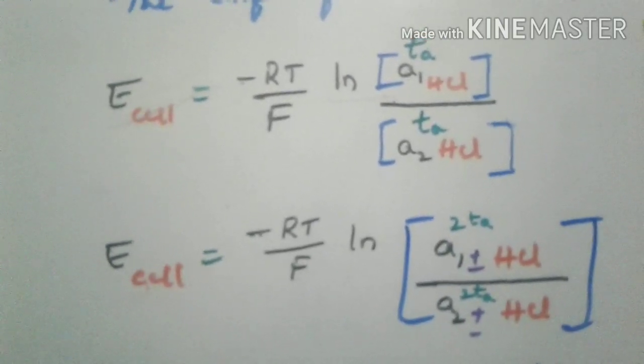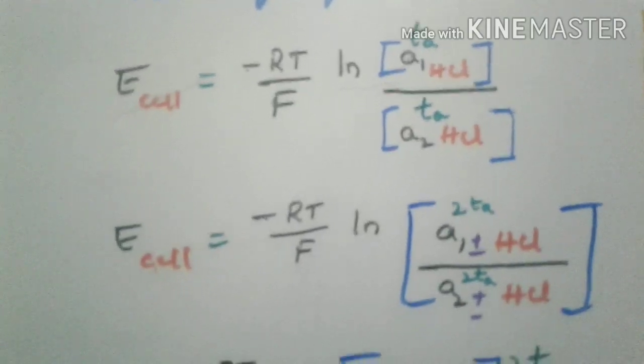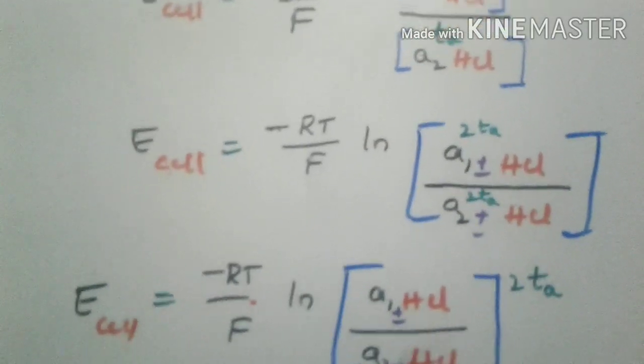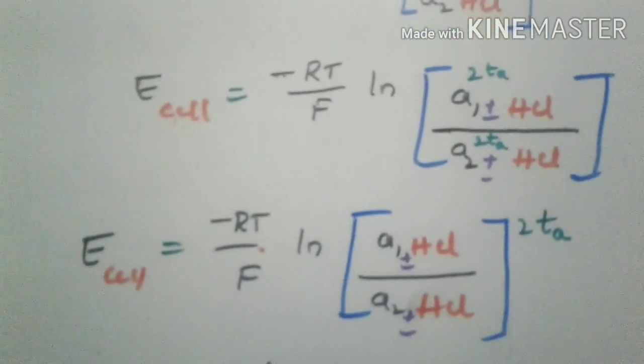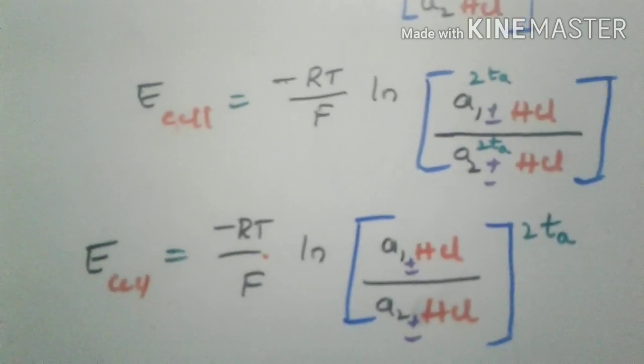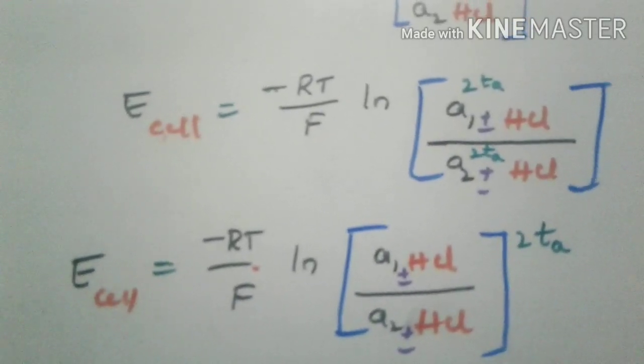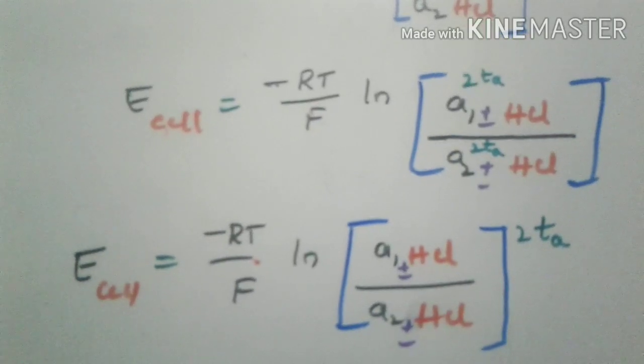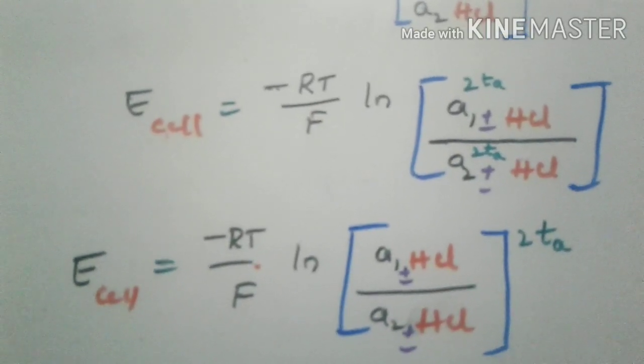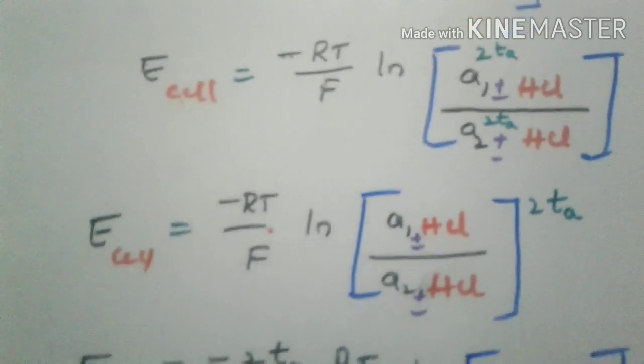As we are writing plus or minus, we have written 2Ta as the power. Then E cell is equal to minus RT by F ln of A plus or minus HCl at A1 by A plus or minus HCl at A2, taking the common power of 2Ta.